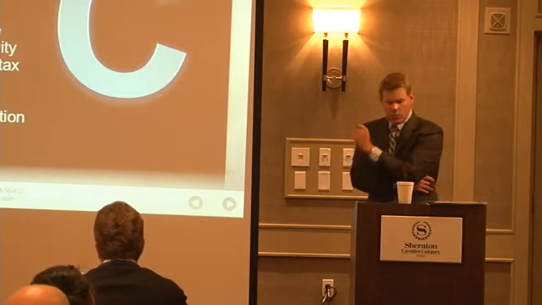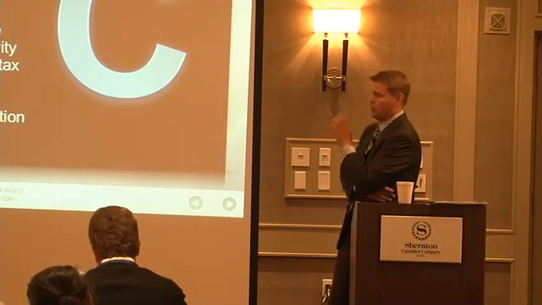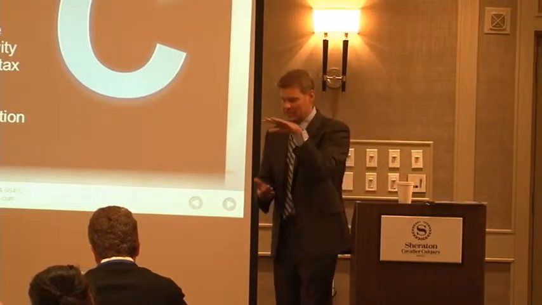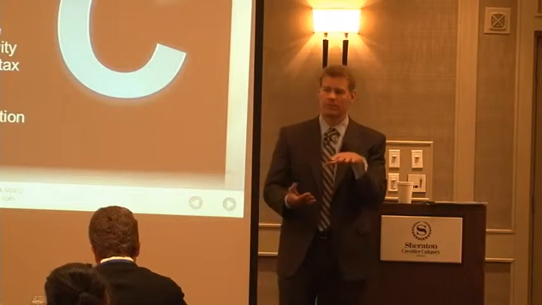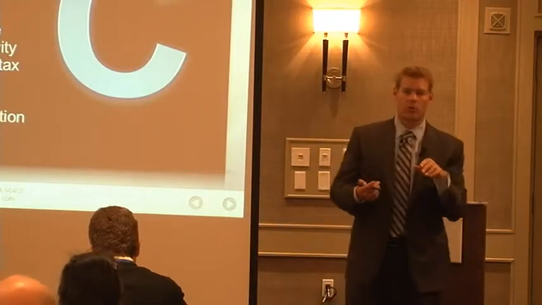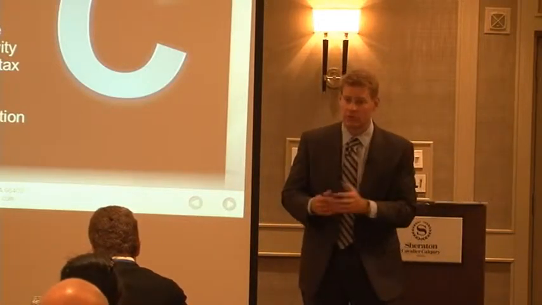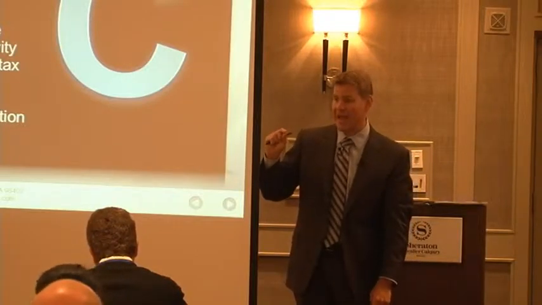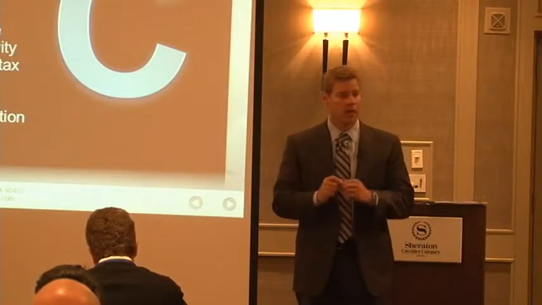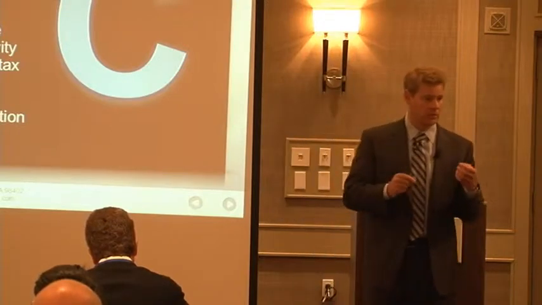Now, a C corporation is taxed at its own rate. That is, we have a certain tax bracket for C corporations based upon the amount of income they generate. A lot of people like C corporations because on their first $50,000 in earnings, there's only a 15% U.S. tax on those earnings. On the next 25%, it's 25%.